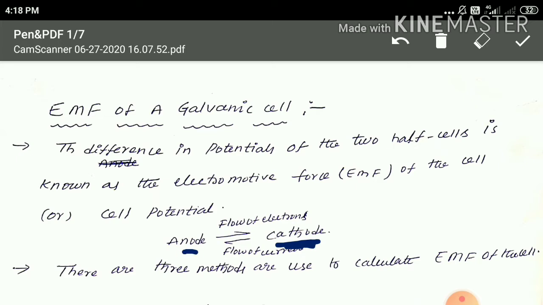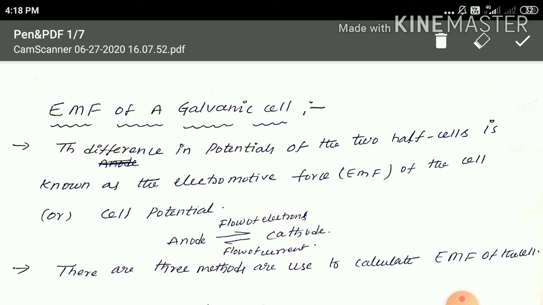Next, this EMF, that is the electromotive force of the cell, we can calculate in three ways. How can we calculate? Generally, the EMF value of the cell is equal to the sum of the electrode potentials of the oxidation half cell and the reduction half cell.